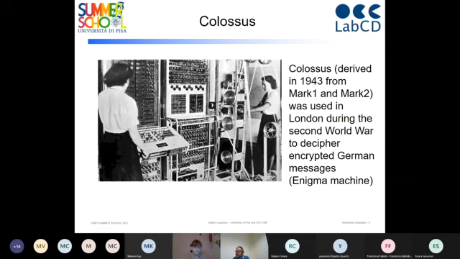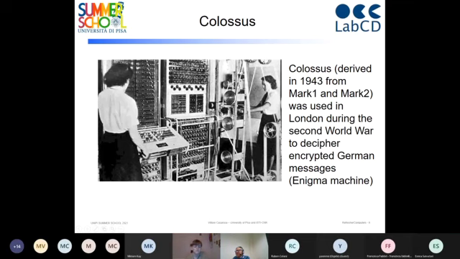Okay, somebody help me with the name. Turing, Alan Turing. So there was a movie about the life of Alan Turing, and Alan Turing was very instrumental in the development and usage of this machine, the Colossus, that was used to decipher encrypted German messages. And somebody says that it was just because of this machine that around '44 the war took another turn.